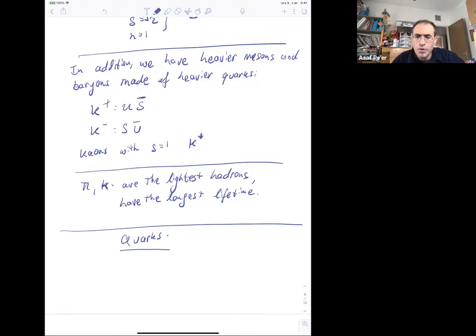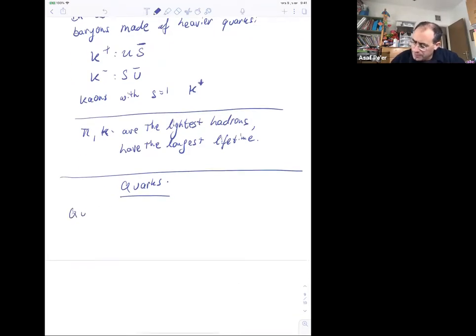Now, the reason why we do not see quarks, let me just write it down. Quarks do not appear as particles in nature.